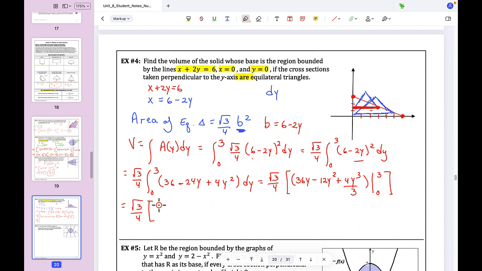So that will equal the square root of 3 over 4 times 36 times 3, which is 108, minus 12 times 9, which is 108, plus 4/3 times 27, minus 0. 4/3 times 27 is 36.